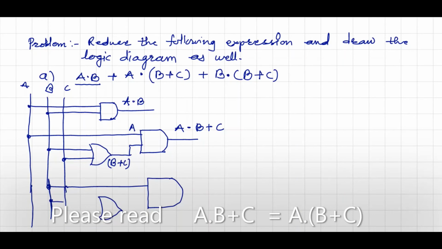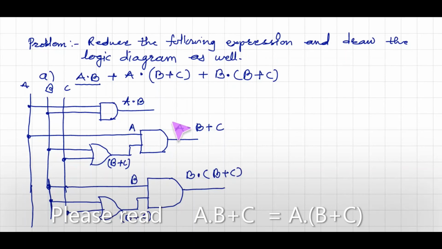The output of this gate is b plus c, which is ANDed here with b. So obviously the output is b dot (b plus c).